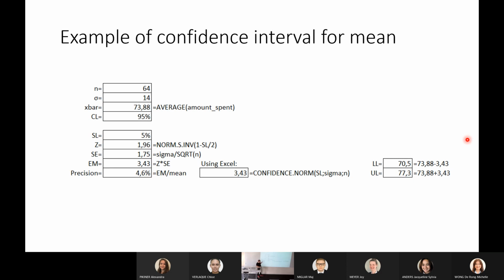Do you still remember? Let me use my pen. We have the standard normal distribution, right? We want to determine, for the formula, NORM.S.INV, the standard normal distribution, and we want to get the point on the x-axis.